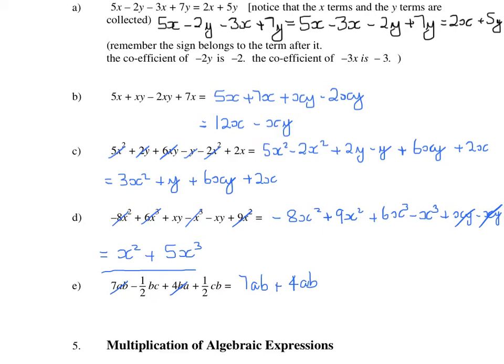So if you think about it, it's negative a half BC plus a half BC. And of course, negative a half BC plus a half BC will be 0. And the whole thing simplifies down to 7AB plus 4AB, 11AB.